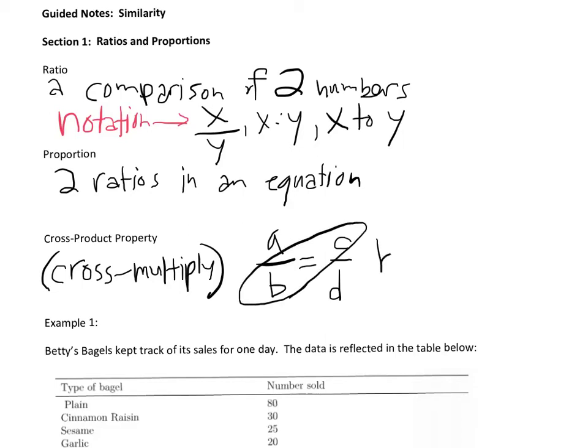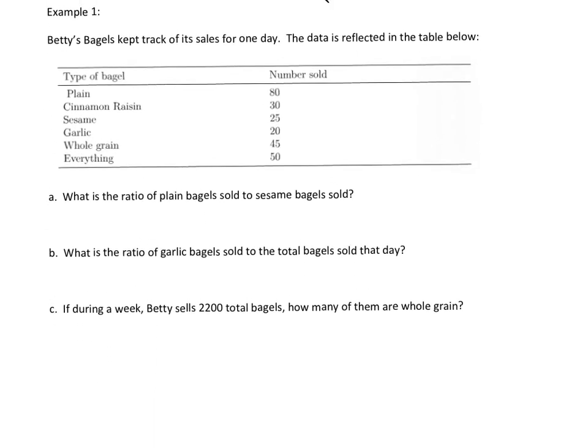So we can know that b times c is equal to a times d, and that will prove to be very useful and powerful for us as we're solving for different values. So let's start with example number 1.